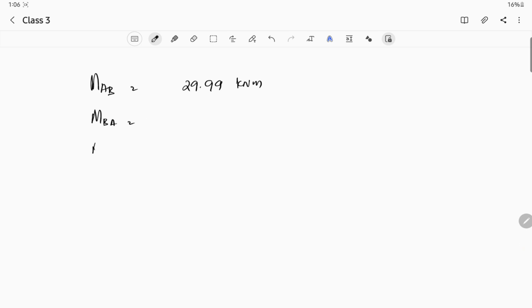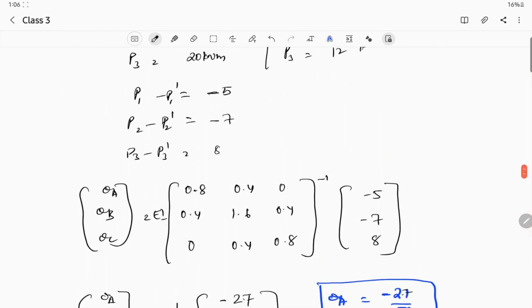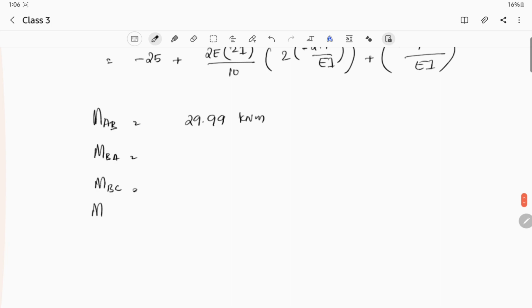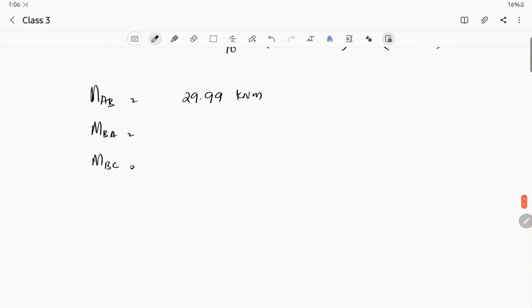Similarly, we have to calculate MBA, MBC. MAB, MBA and MBC is over. Then what are the values we have? MAB, MBA, then MBC, MCB. That's it we have. So what are the values we get for that?